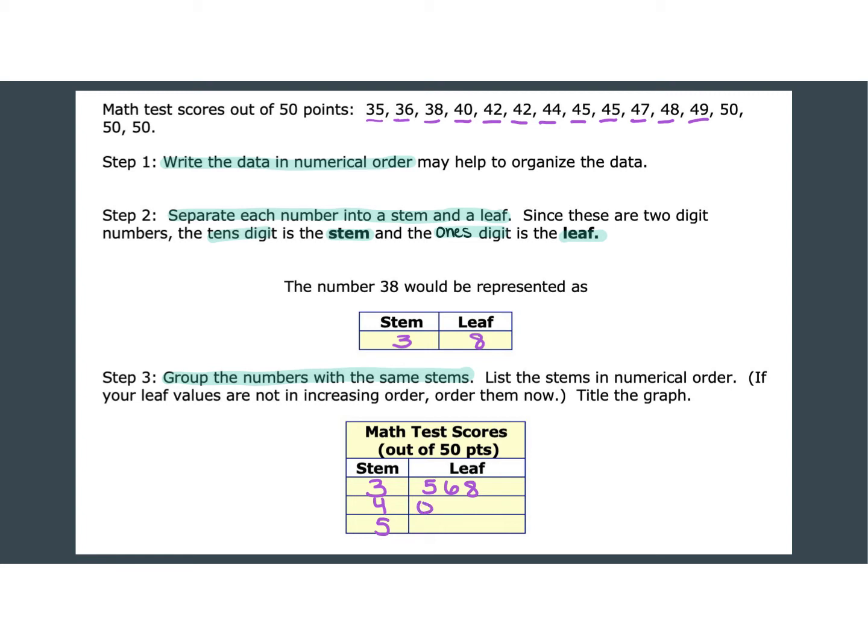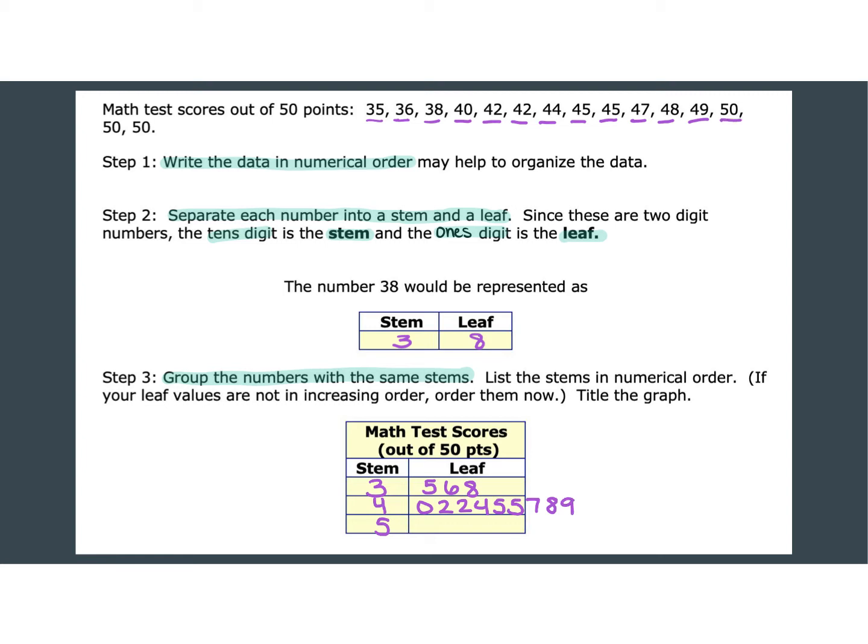So I will start with a 0 for 40 for my leaf, a 2, another 2, a 4 for 44, a leaf of 5 for 45, another 5 for 45, a leaf of 7 for 47, a leaf of 8 for 48, and a leaf of 9 for 49.